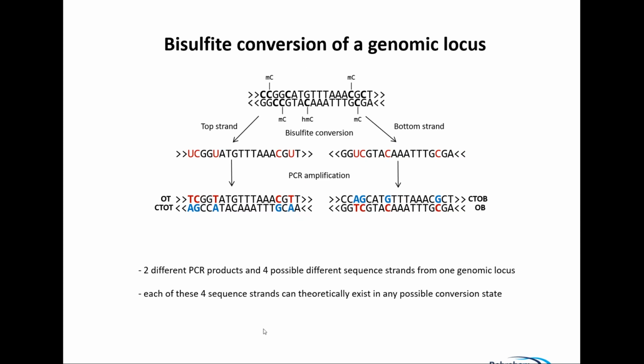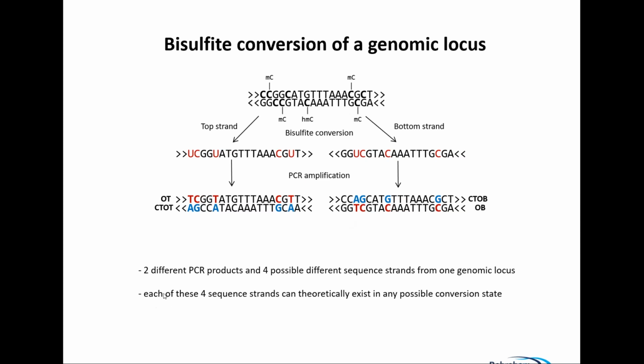And then, to make things even worse, each of these 4 sequences can theoretically exist in any possible methylation state. So we can have this residue methylated and this, or this, and so on. So it's really quite a difficult task.